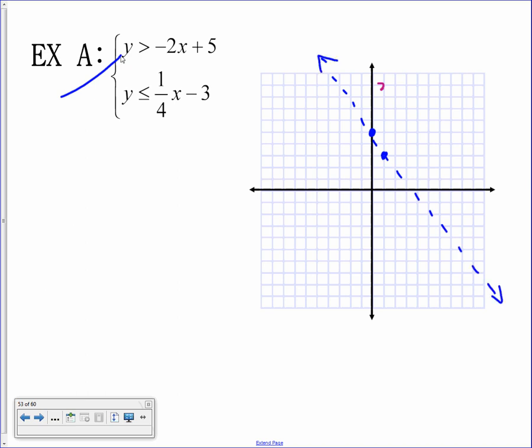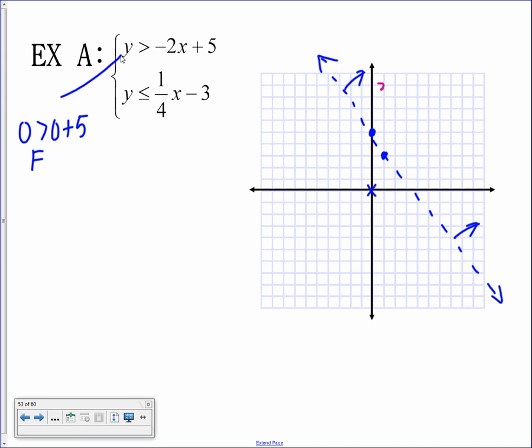And then just like yesterday, I'm going to test 0, 0 here. So 0 greater than 0 plus 5. 0 is not bigger than 5, so that is false, meaning that I'm going to shade away from that, the true side. And instead of shading, I'm just going to draw myself some arrows, meaning I'm going to shade on the right side of that blue line.